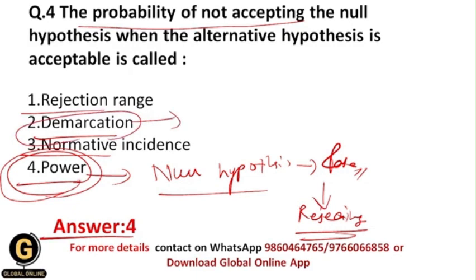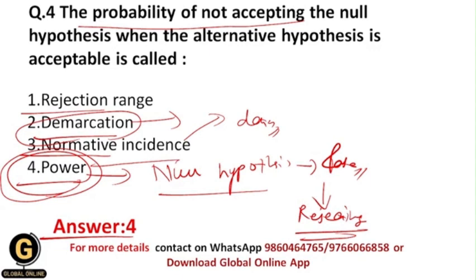Now students, what is this demarcation? Demarcation is the marking of limits or boundaries. Then what is normative incidence? Normative incidence is taken from the normative data itself, which is data from a reference population that establishes a baseline distribution for a score or measurement, against which a score or measurement can be compared.